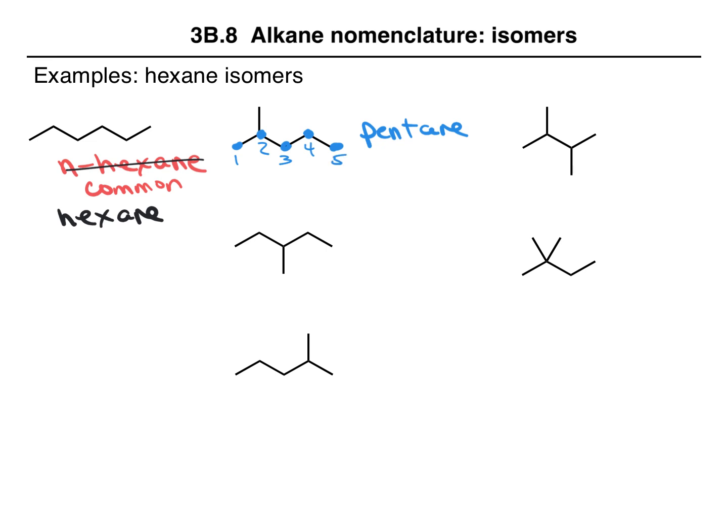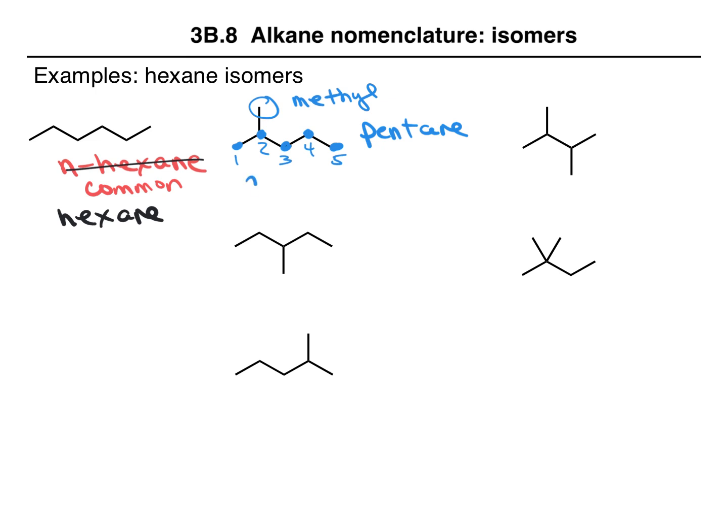Now we name our branch as an alkyl group substituent. This is a 1-carbon branch, so it will be called a methyl group. And then we need to list the alkyl groups alphabetically. That's easy since there's only one, but we have to include the locant telling us where it is.